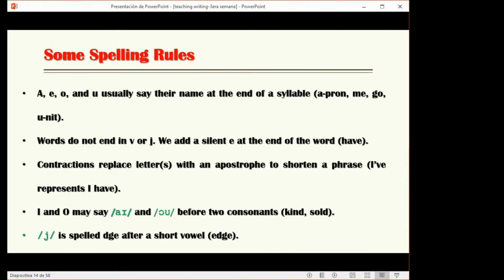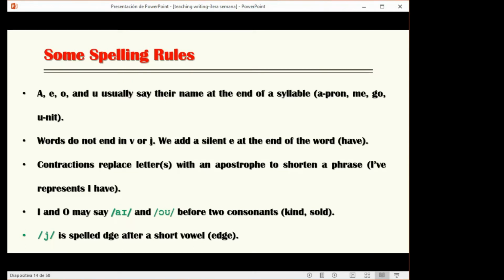Words do not end in V or J. We add a silent E at the end of the word. So in English, we don't have words which finish with the consonant V or the consonant J. So we add here the letter E. And we don't pronounce it.